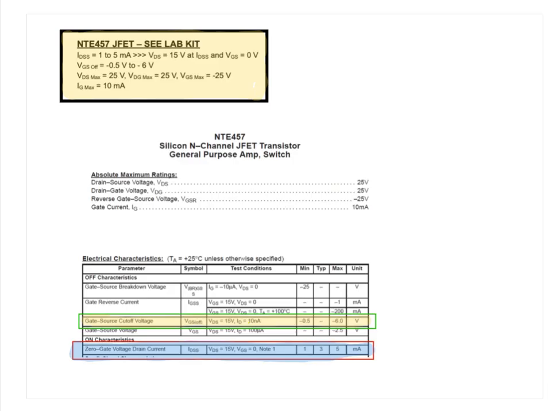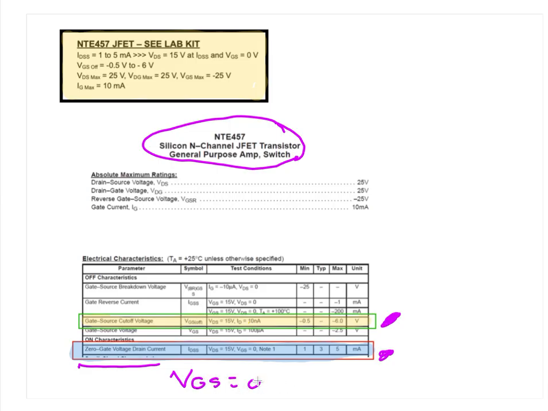Okay, so this here is a JFET which we've commonly used with my students. There's other numbers we've used, but this is one of them. If you look at the data sheet there, see this IDSS says zero gate voltage drain current. So this is VGS equals 0 volts.